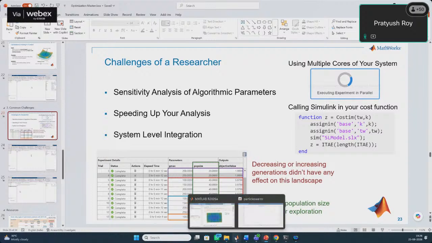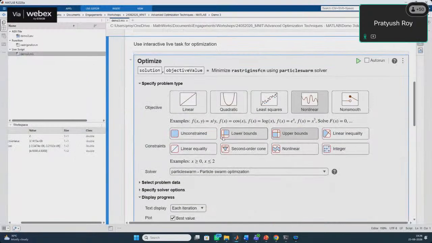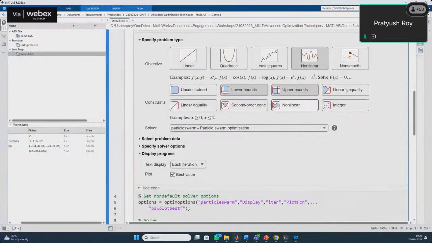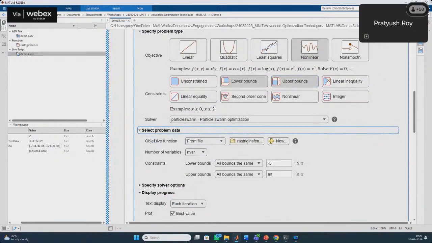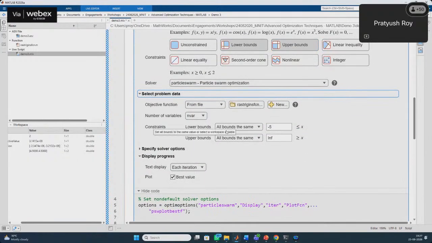So if we look at this particular script, if you choose it to be, let's say, upper bounds, then you can use the constraint. So here you have an upper bound, right?